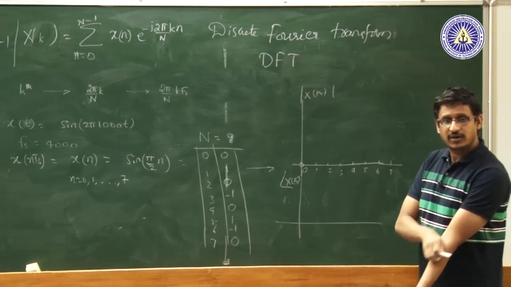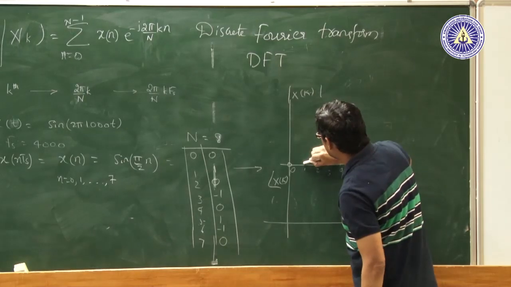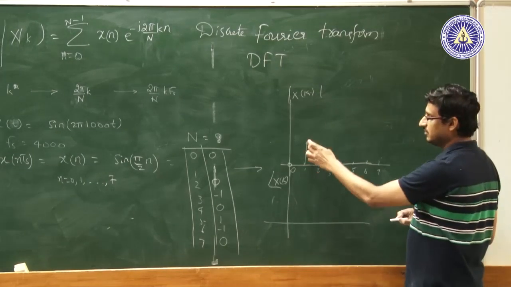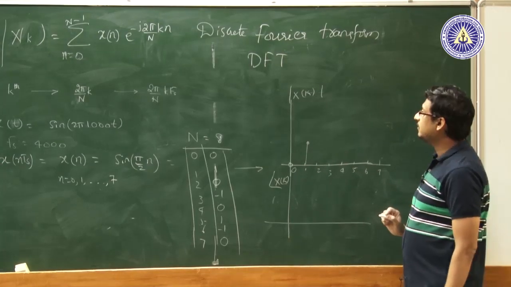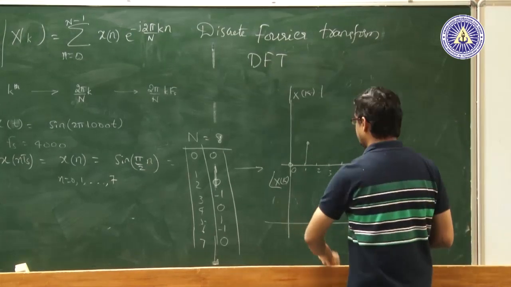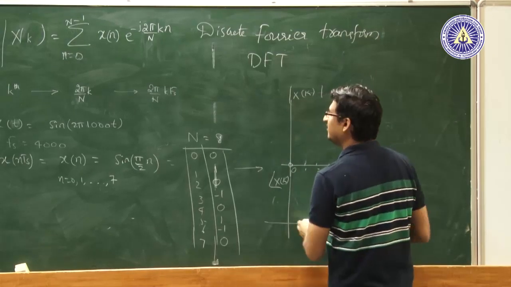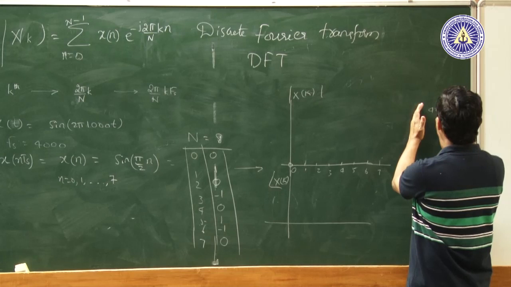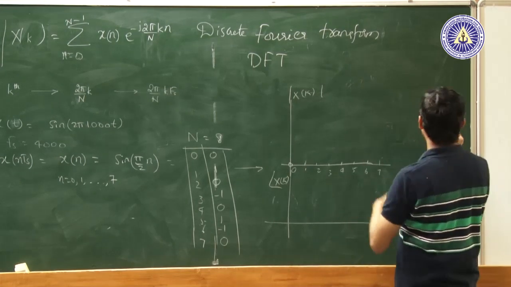What would be X of 1? Hold on a minute, I will do a little bit of calculation here. Fs is 4000 divided by N, which is 8.